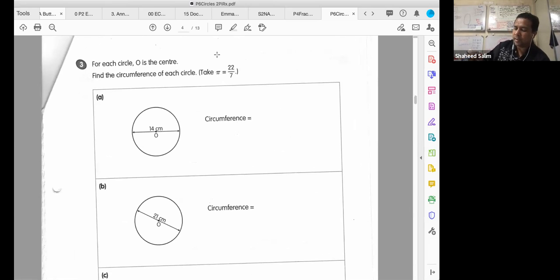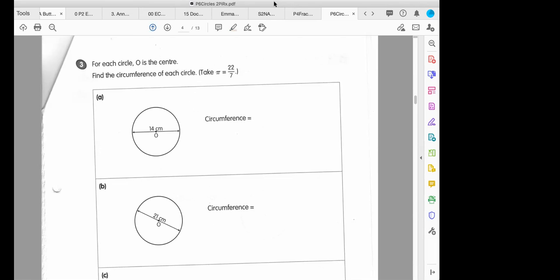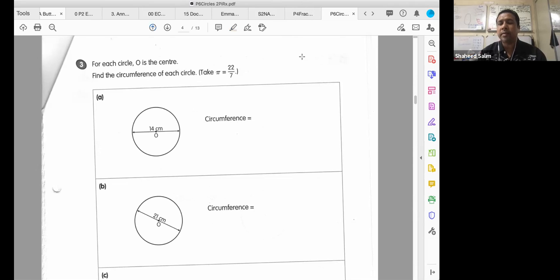They're giving you easy numbers. Ilhan, you got the answer for A? Is it 44? Zahin, you agree? Yes, 44. Well done.